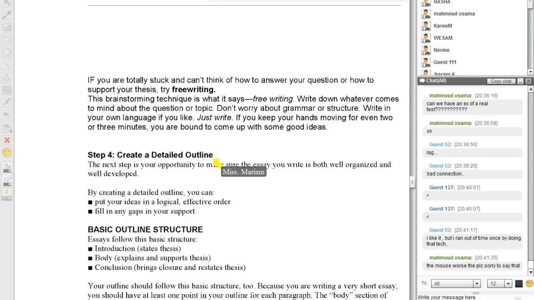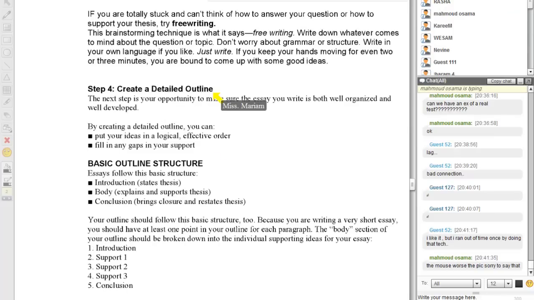The mouse, where's the pick? Sorry to say that. Where's the pick? I didn't get your point, Mr. Mahmoud. Oh, am I scrolling down the page?